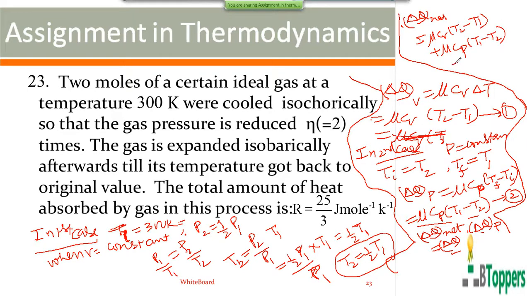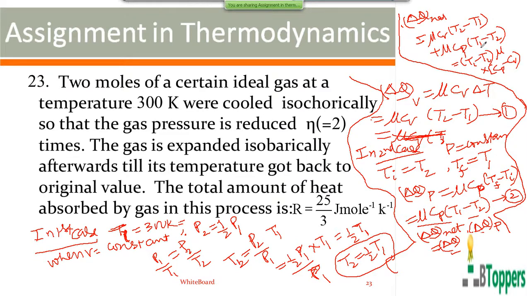We can take T1 minus T2 common outside, into nu also, so multiplied by Cp minus Cv.